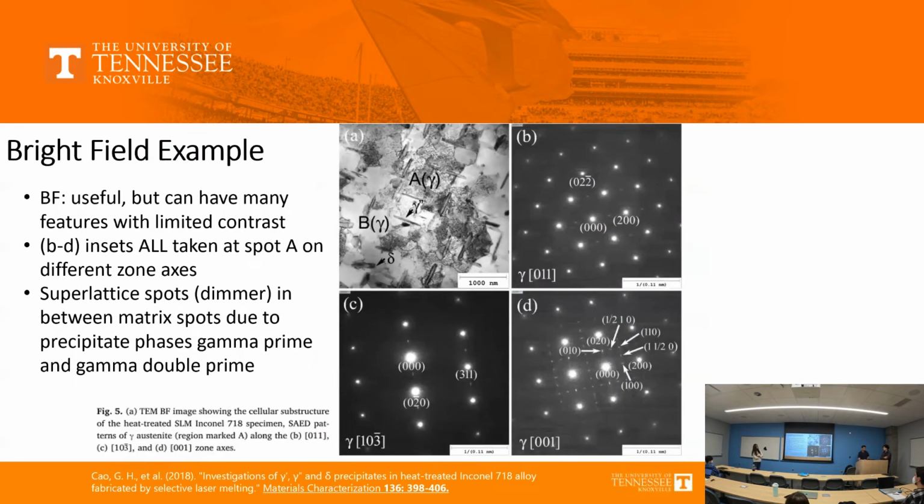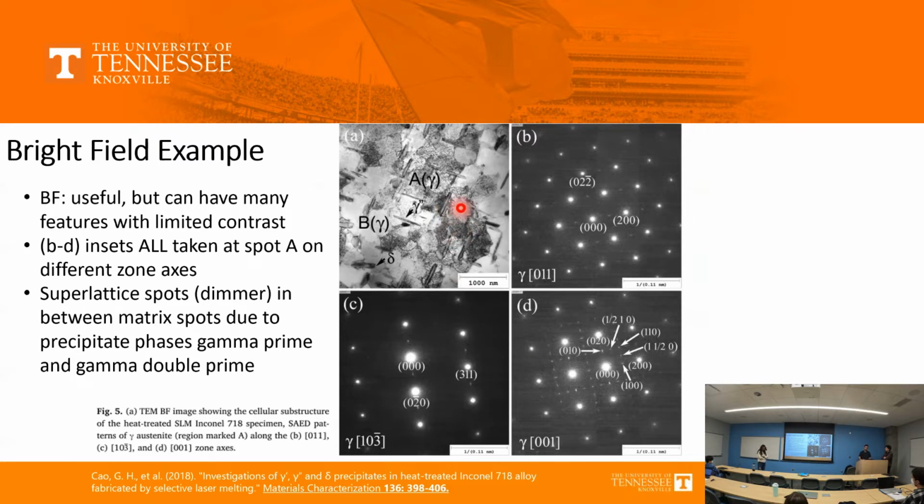And then just an example here. As I mentioned earlier, bright field, having higher intensity, also tends to have slightly worse contrast. In the top left here, this is an Inconel 718, a nickel superalloy, pretty heavily alloyed.